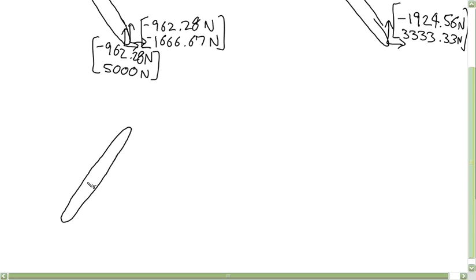Okay, what loads are acting on member 2? We have the opposite of this force. F21 is just negative F12. So positive 962.28 and positive 1666.67.